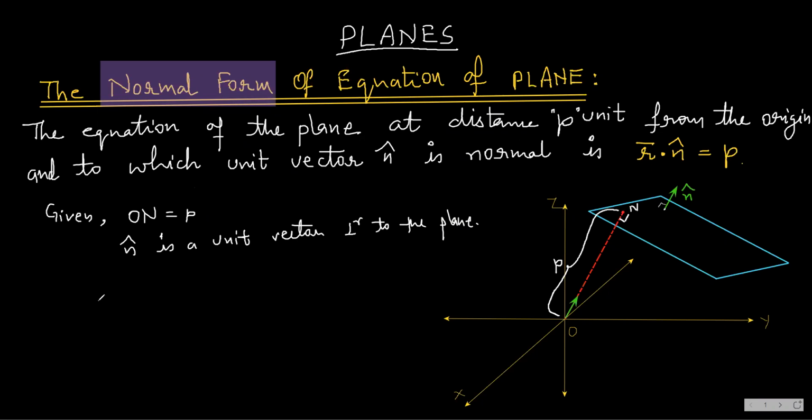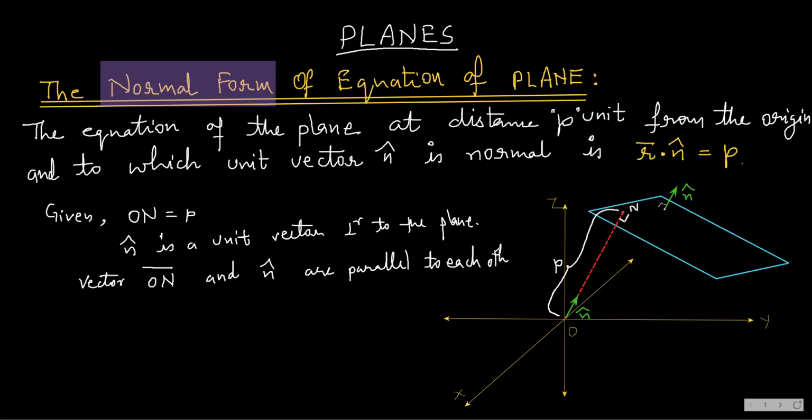I will write here vector On bar and n cap. See, this is n cap here, right? This is n cap, this vector. So I will write vector On bar and n cap are parallel to each other.